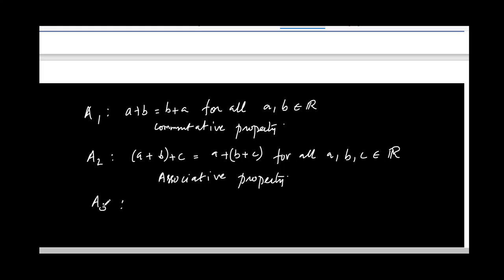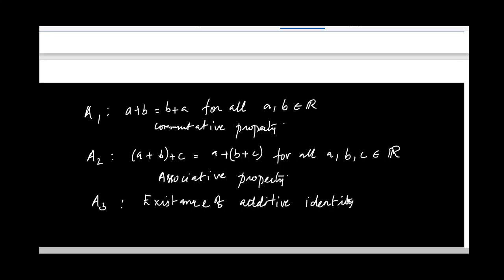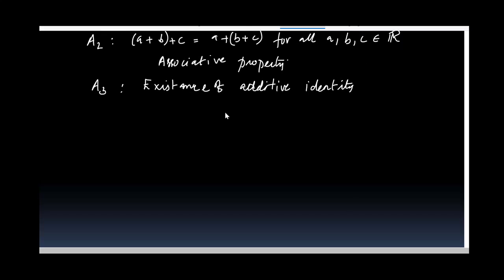Third one, existence of additive identity. What is the additive identity in real numbers? 0.